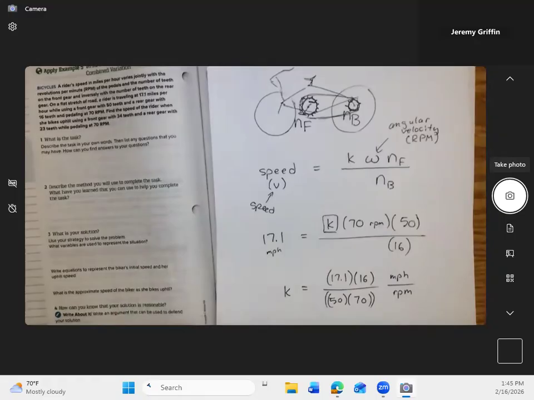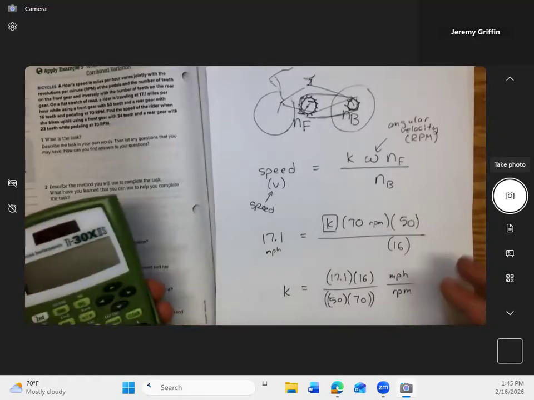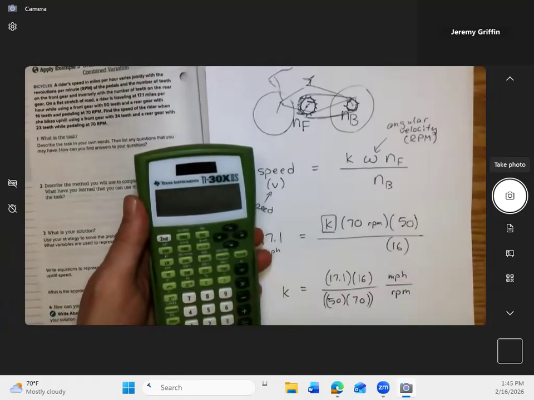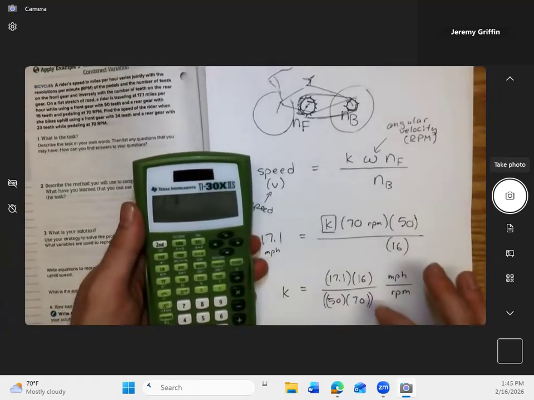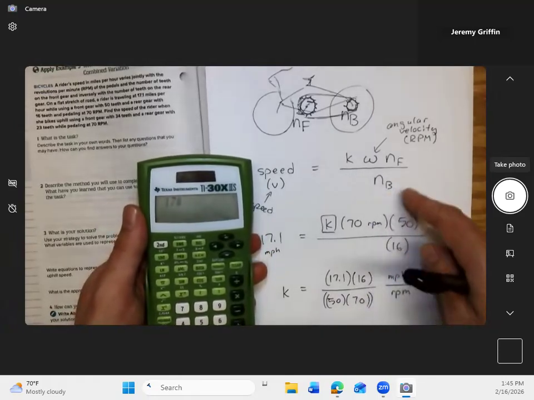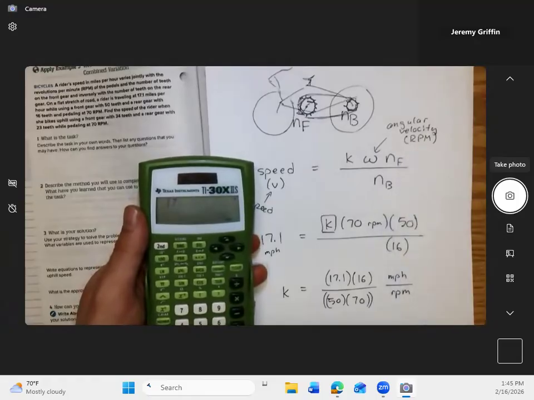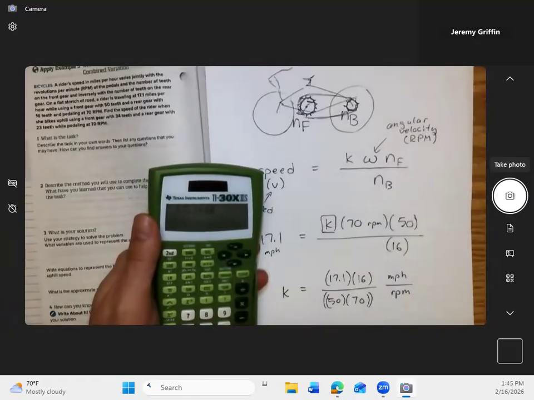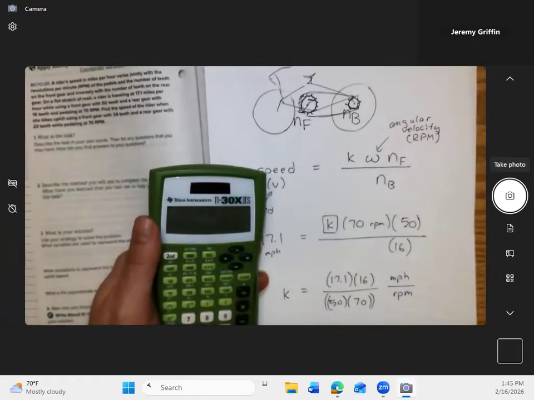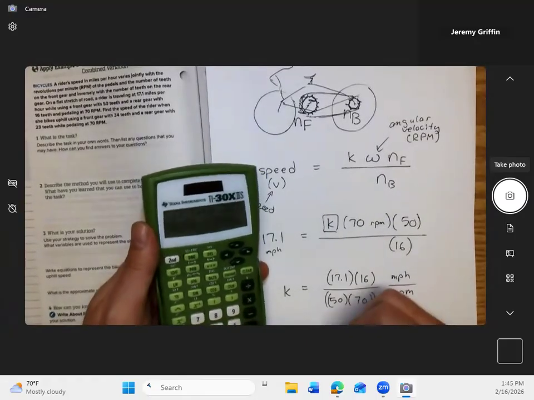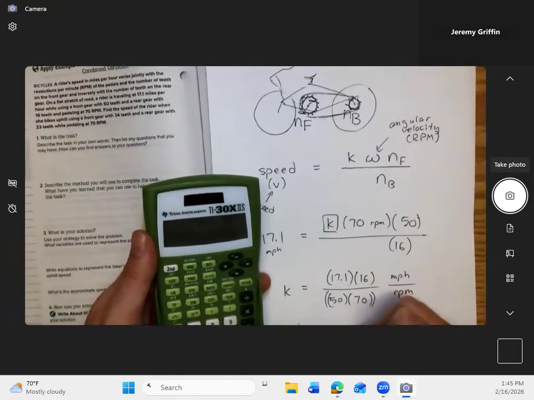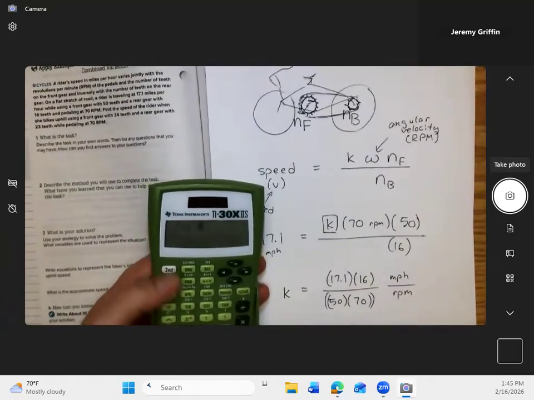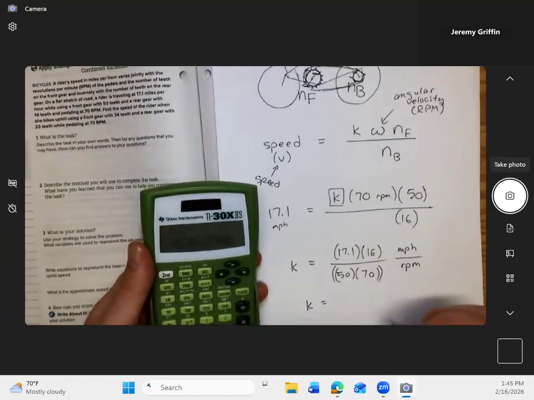We're going to get really weird units from a physics sense that pertain to this exact set of units. So we've got 17.1 times 16 divided by, in parentheses, 50 times 70. This is looking like K is equal to a tiny decimal. I wonder what the fraction version is.